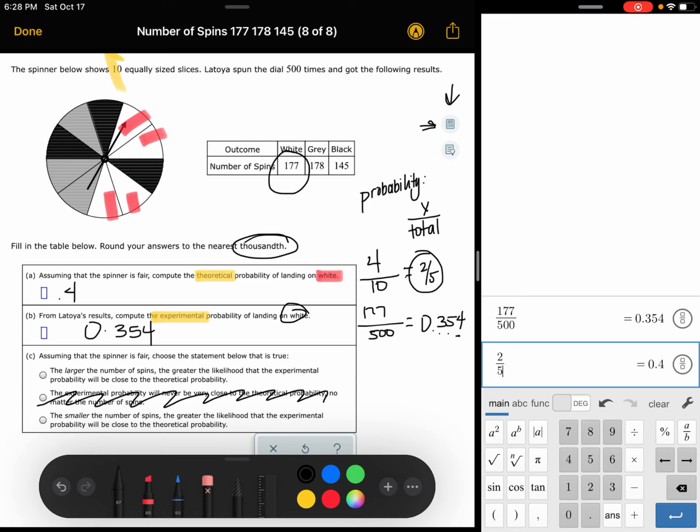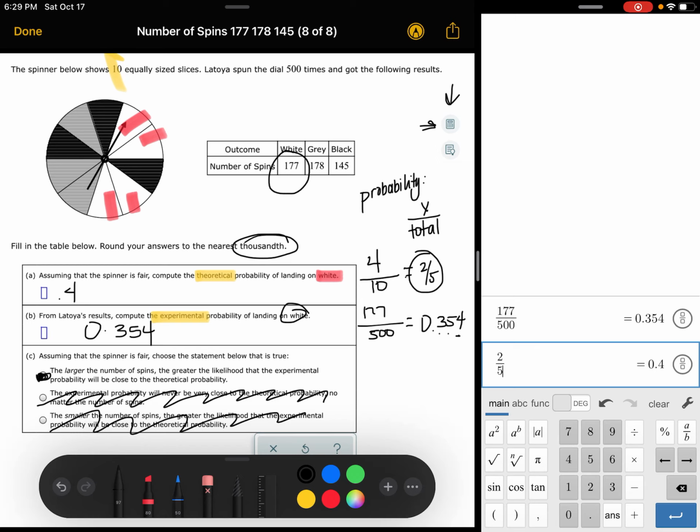And it says the smaller number of spins. So if you do fewer spins, the greater likelihood that the experimental probability will be close to the theoretical probability. That is not true. The smaller number of spins you have, the greater likelihood that it's going to be farther away. Okay, so essentially, this is the only correct answer.